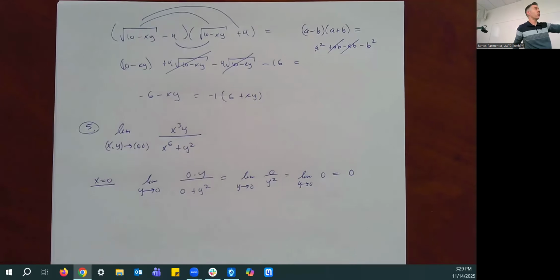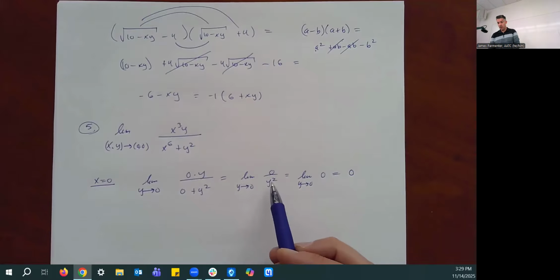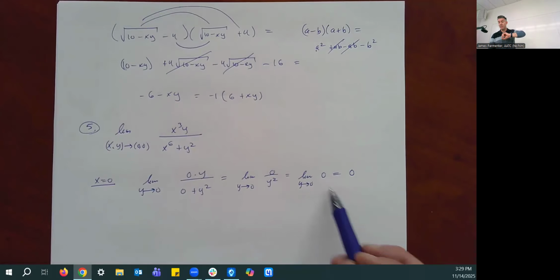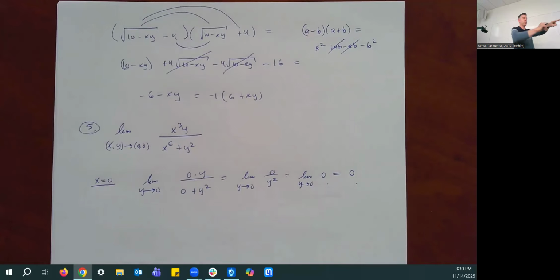Because before we are saying that y is 0, we are saying that this expression is 0 divided by whatever y is. y is not 0, right? It's approaching 0. So y is getting really, really close to 0. But before y gets to 0, we're saying 0 divided by this really small number squared is 0. And then the limit of that is 0. So that is the power of using this path, it gets you the 0 before you're plugging in the 0 for the y.